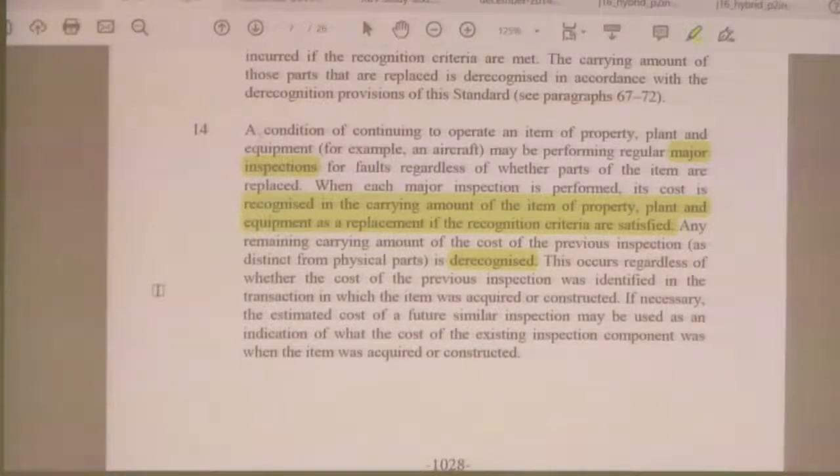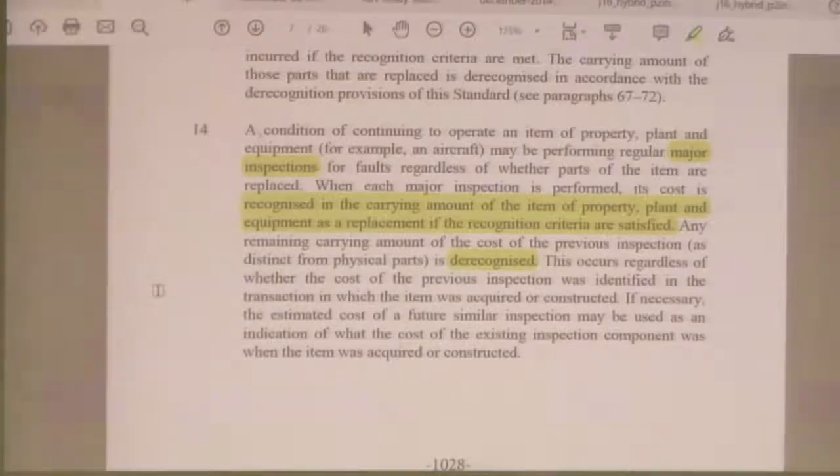Underline the words major inspections. It's not a smaller kind of inspection, but a major inspection. If you have major inspections, what is the accounting treatment? Do we need to charge it to P&L or the balance sheet? Better than I explain that to you, we'll see what the standard has explained to you, right?